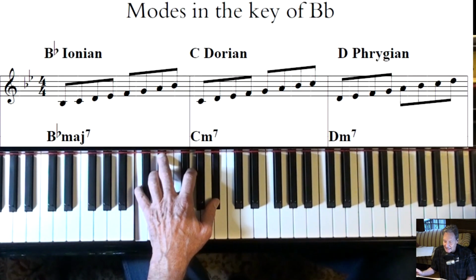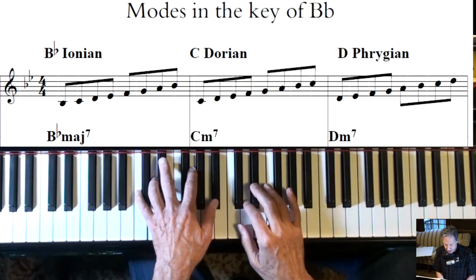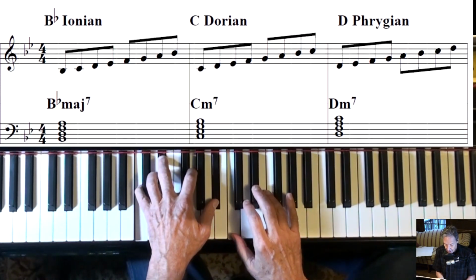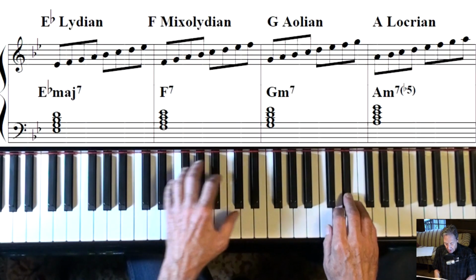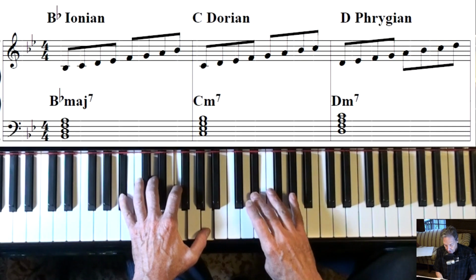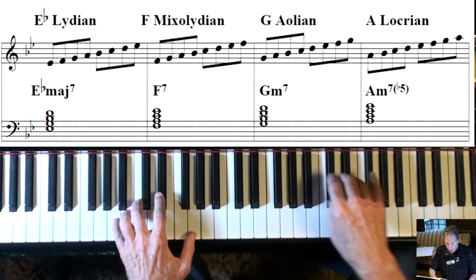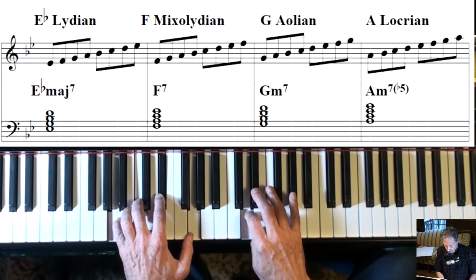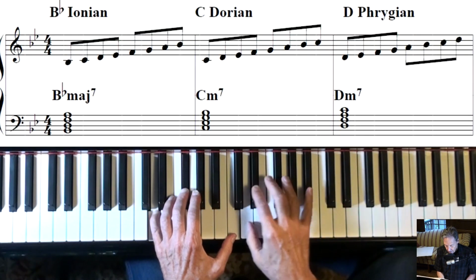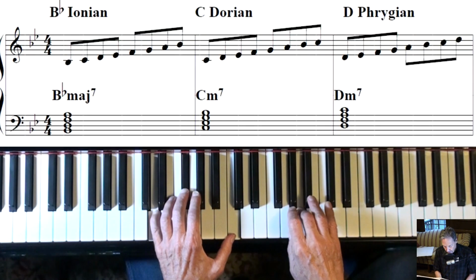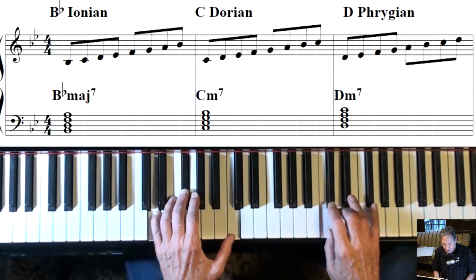But you don't even really need to know any of this stuff. You don't need to think about the modes. You just stick on B flat major scale. But look how many modes you're going to cover. Dorian mode, Mixolydian mode, Ionian mode, Lydian mode, Locrian mode, and on the dominant chord, Phrygian mode.